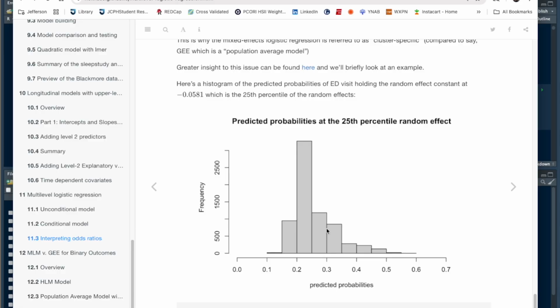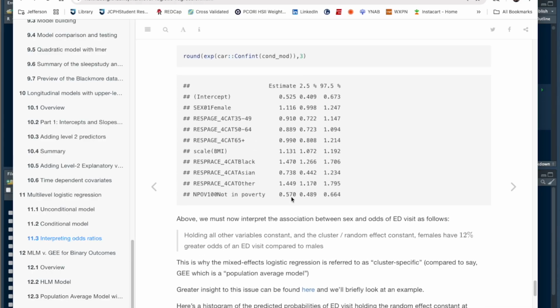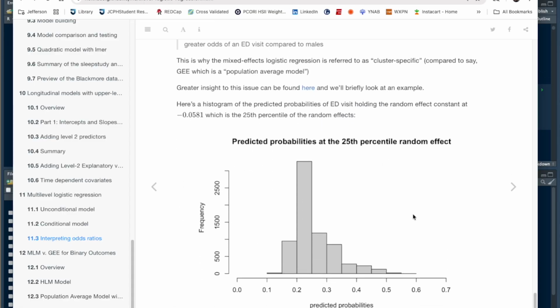Here are the predicted probabilities from the model, which are done exactly the way you would do an ordinary regression. You just slot in for each person in this cluster all of their values of the covariates, and then we produced predicted probabilities from the logits.